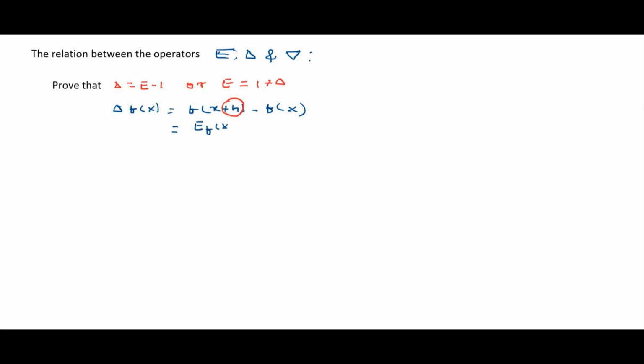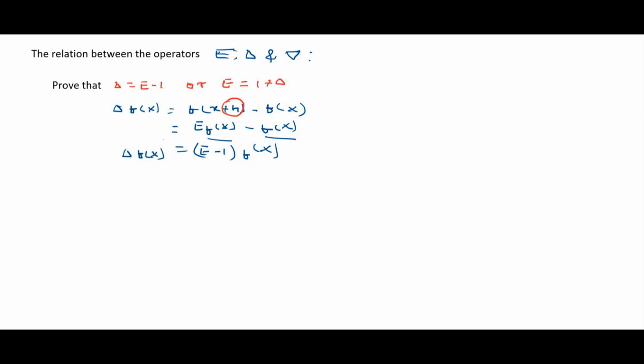E of f of x, and write down this minus f of x as it is. From both the terms, if you take f of x common, we are left with E minus 1. Bracket complete, the common term is f of x, and on the left hand side is delta f of x.